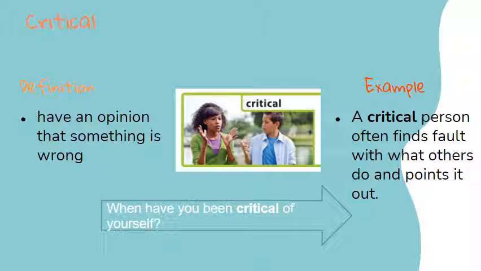He's always telling you that you're doing something wrong. But pay attention, he might not be the correct person. Maybe he's the wrong one. It's not necessary that if someone always tells you that you are wrong, it means that he's right. No, he might not be right. Pay attention to that. When have you been critical of yourself? Maybe when you're doing something wrong, later you criticize yourself.